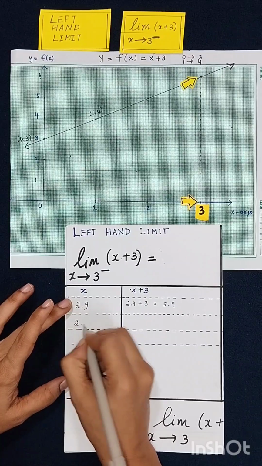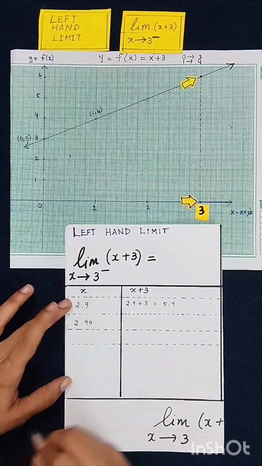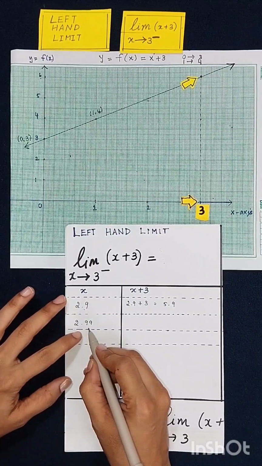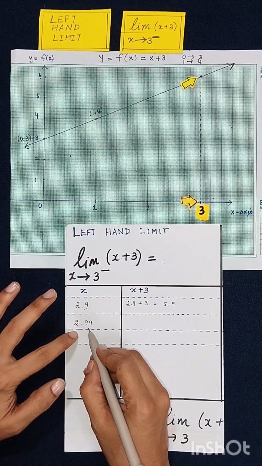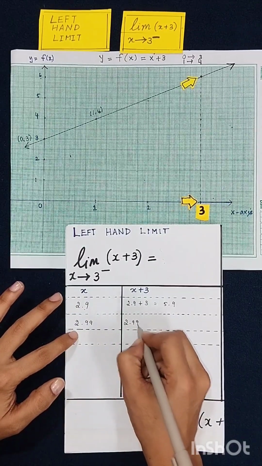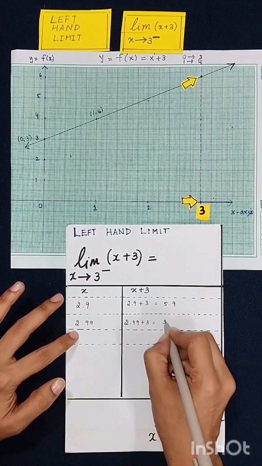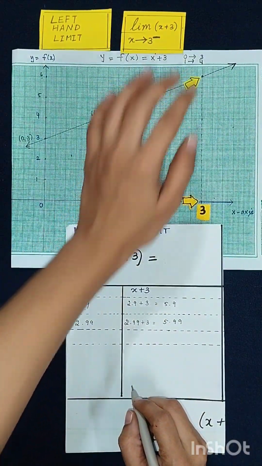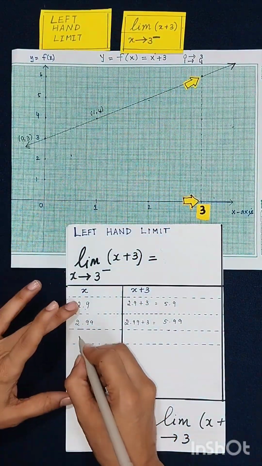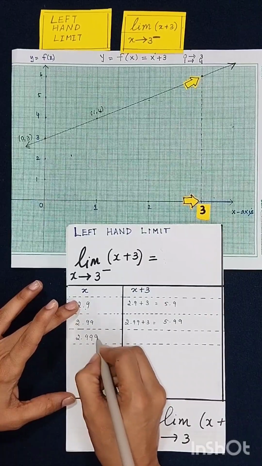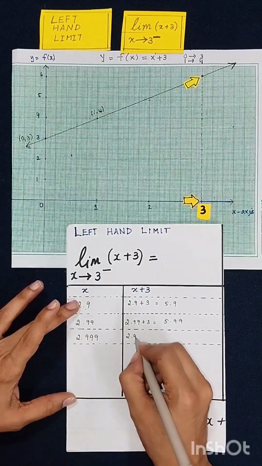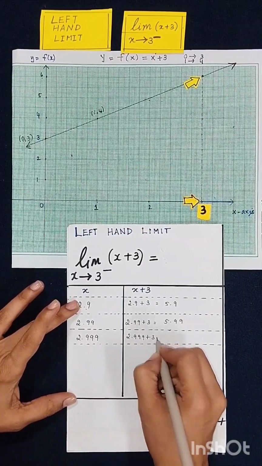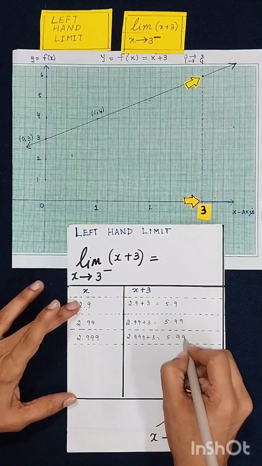Let us say the value is 2.99. It's very close to 3 compared to 2.9. Now what is the output? The output will be 5.99. Let's get even closer to 3. What will be the output? The output will be 5.999.